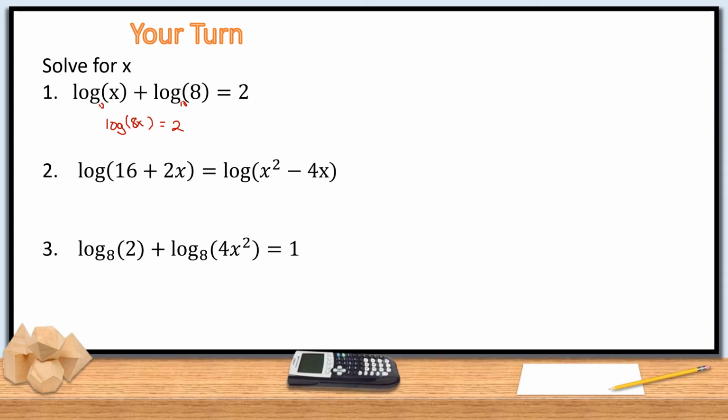So then going to exponential form, that would be 10 to the power of 2 is equal to 8x. 10 to the power of 2 is 100. So 100 is equal to 8x. So 100 over 8 is equal to x. And let's see, that would be 12.5, I think.